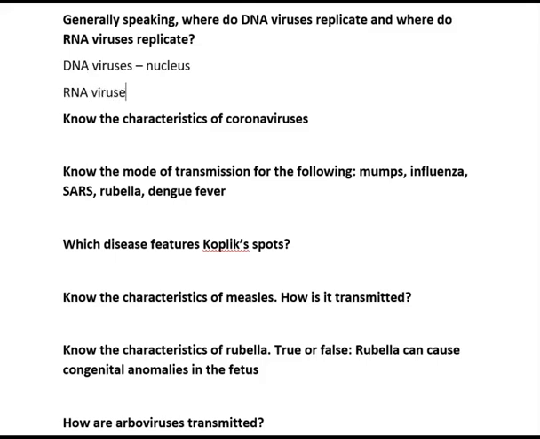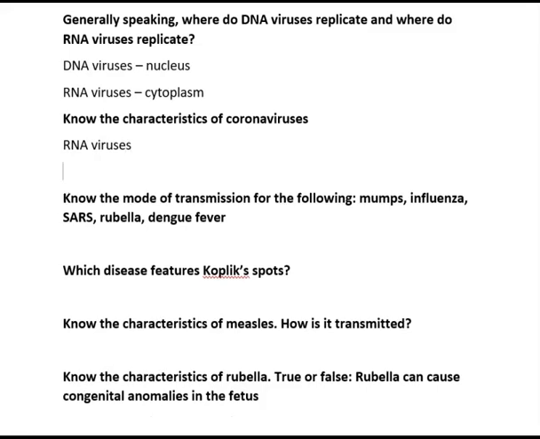On the other hand, RNA viruses don't have to travel too far because the machinery to replicate RNA is already in the cytoplasm. So DNA viruses are generally going to replicate in the nucleus. Remember, there are exceptions, and RNA viruses are generally going to replicate in the cytoplasm. Again, there are exceptions.